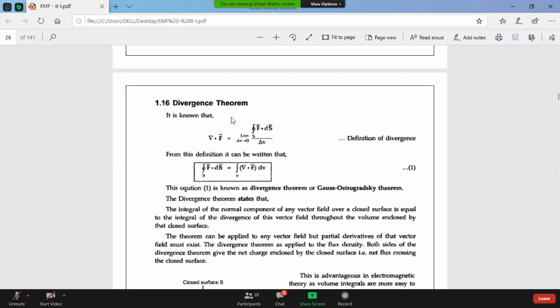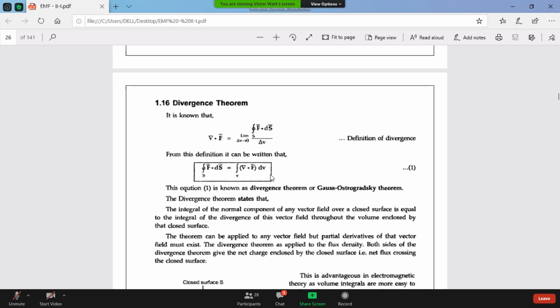So del dot F would be the partial of F with respect to x plus the partial of F with respect to y plus the partial of F with respect to z. Right?